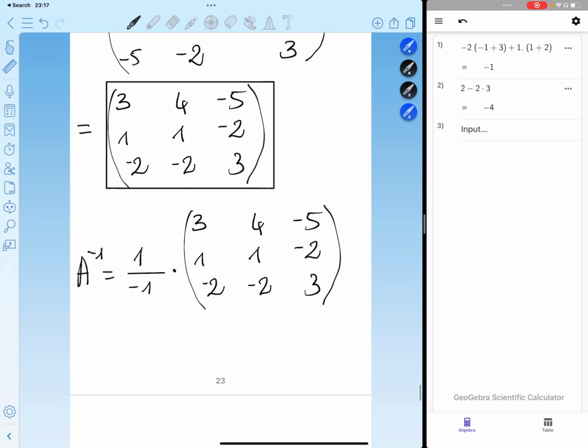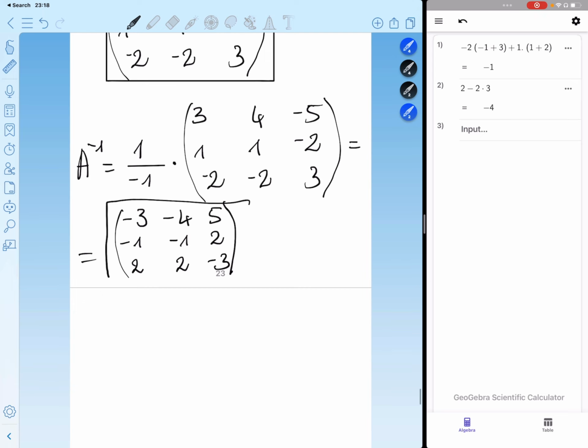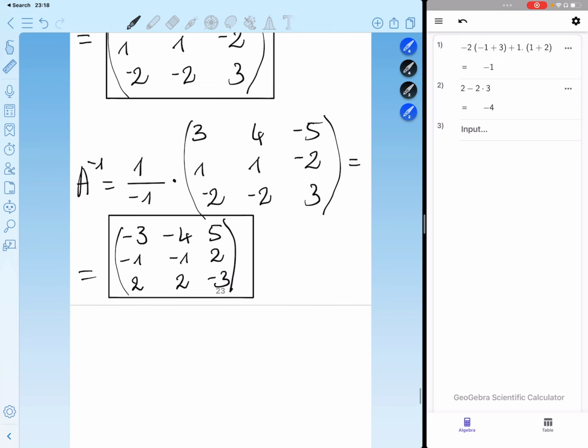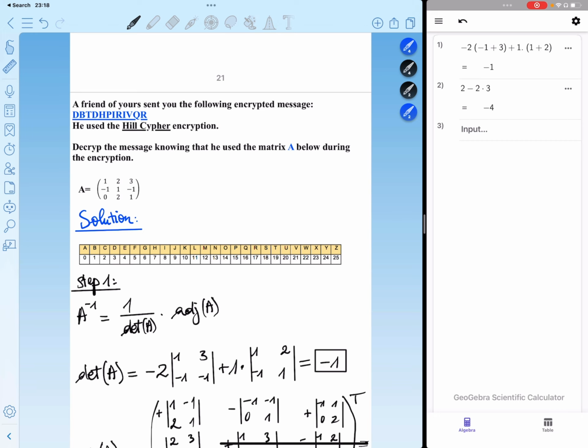Now this would give me minus 3, minus 4, 5, minus 1, minus 1, 2, 2, 2, minus 3. Right. Now I have the key to decrypt my message. So this is A inverse. So this is gonna be the key to decrypt the message.